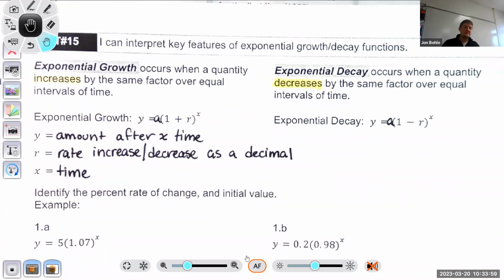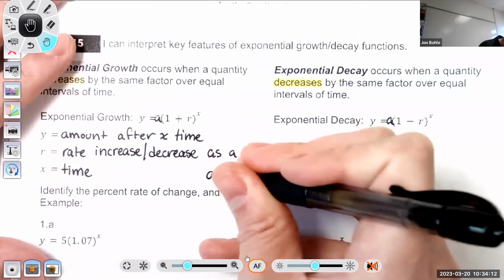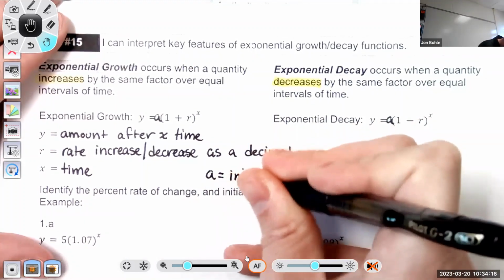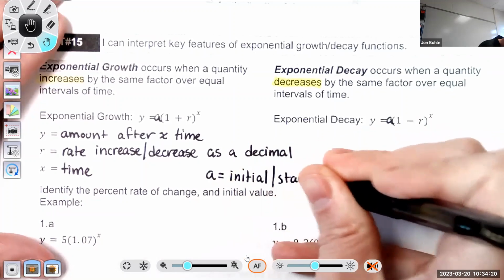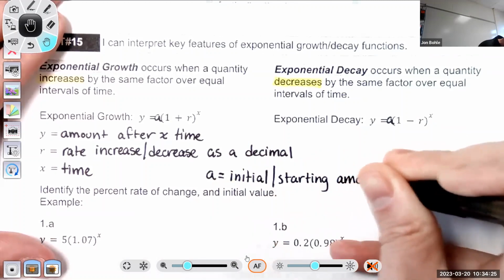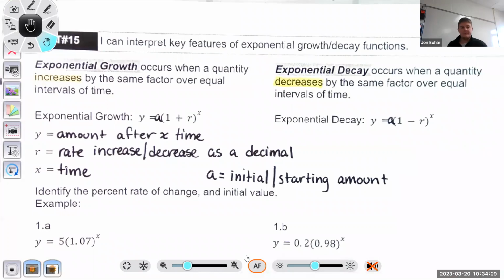So when you take your Iowa assessments next week, it's not going to blow my mind if you see something like this and instead of X it has T. It'll function the exact same. It's just T for time, sometimes X for time. And then the last one that I didn't write is our A value, which is just like your initial or your starting amount.